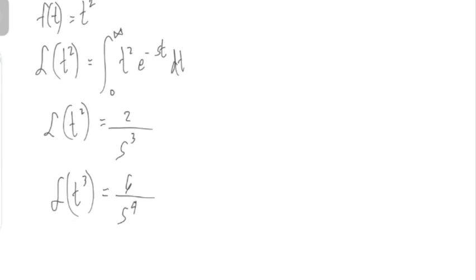Or in general, tingnan natin, i-compare natin. The Laplace transform of t to the 0 is 1 over s. The Laplace transform of t to the 1 is 1 all over s squared. Then t squared is 2, t cubed is 6.